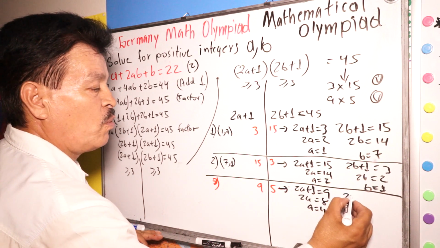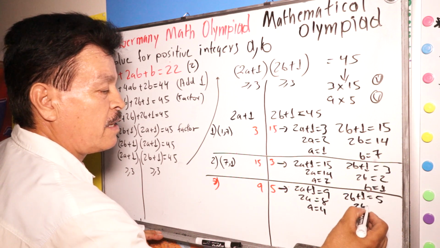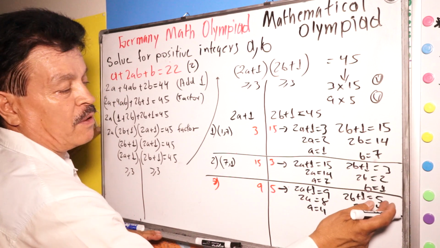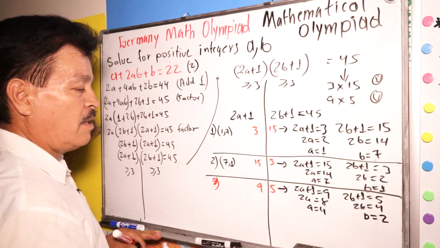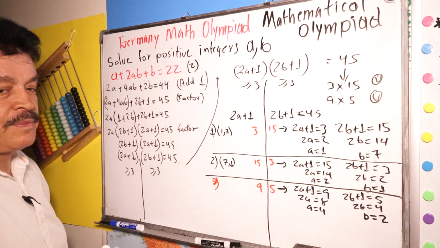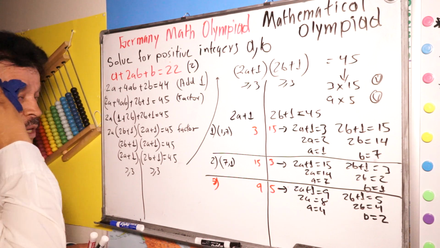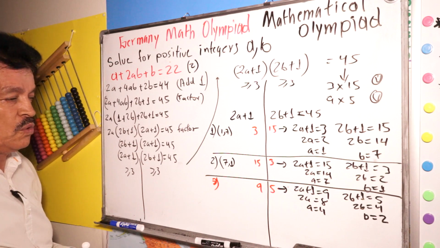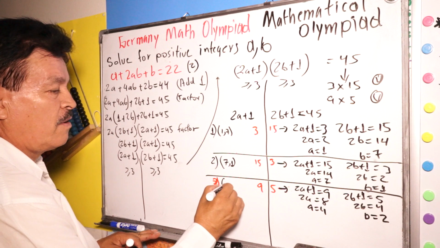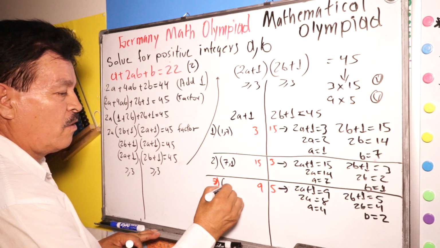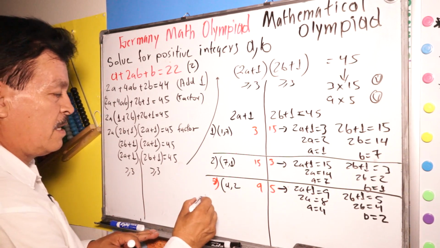Here 2b plus 1 equals 5, so 2b equals 4. Why? Because 5 minus 1 is 4, so b equals 2. So the solution in number 3 is 4, 2.